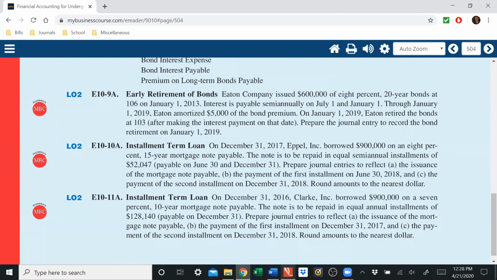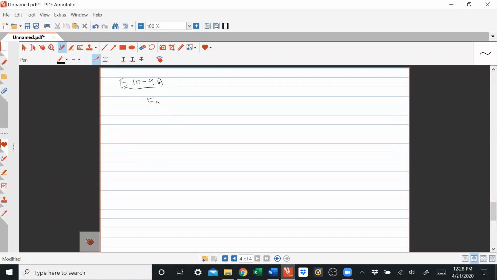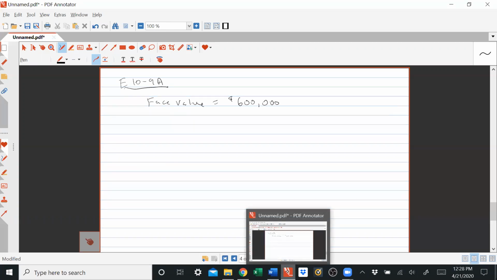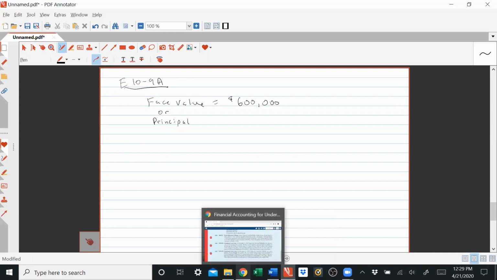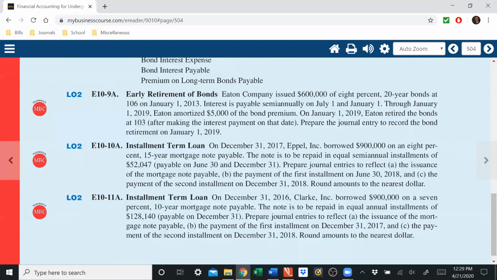So let's put the face value of the bonds is 600,000. I haven't even looked at the question yet. I'm just writing down what we know. The face value is sometimes called the maturity value or the principal. There's different names for these things. They all mean the same thing. 8%, this 8% right here, this is the stated interest rate.